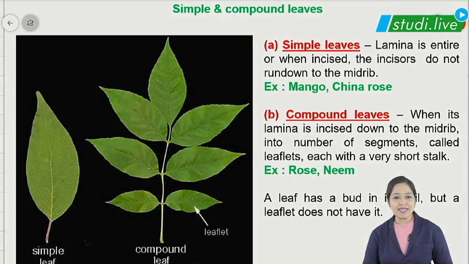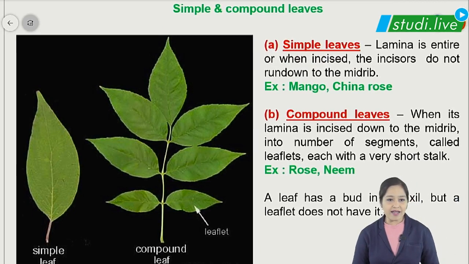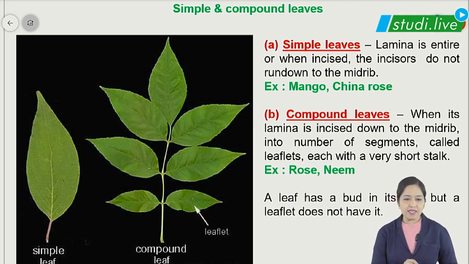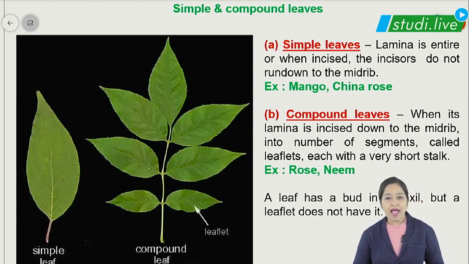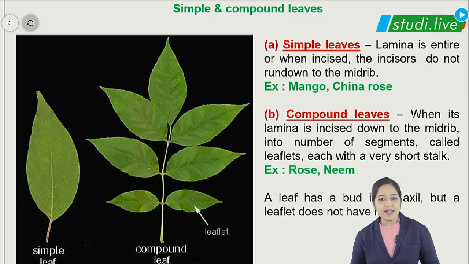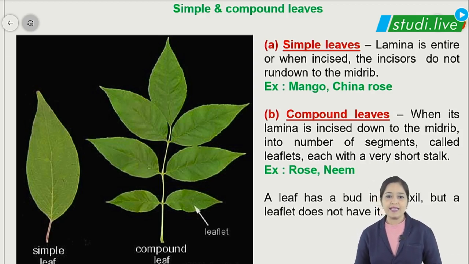So the lamina is entire, as we can see in the first figure, and that is known as the simple leaf. In a compound leaf, the lamina is incised down to the midrib.